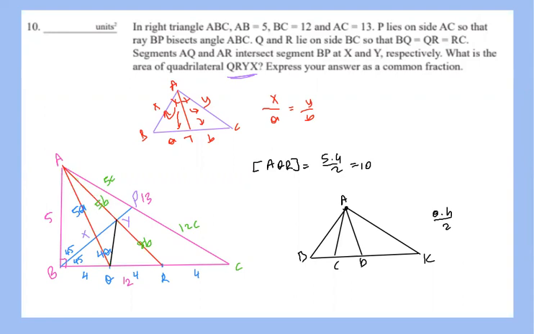I'm going to call this region 5A. So if this is 5A as area, that means this guy will be 4A.